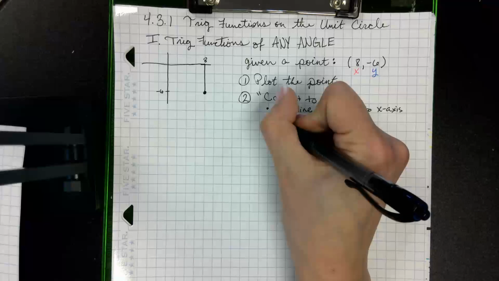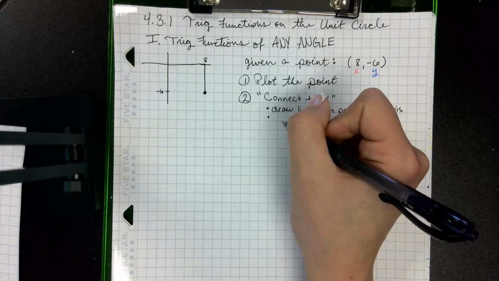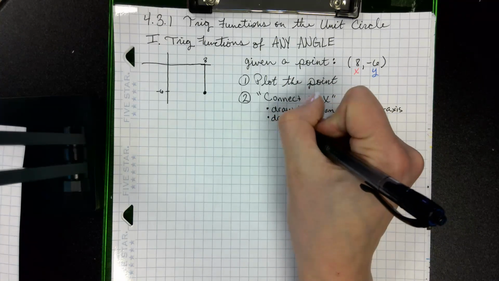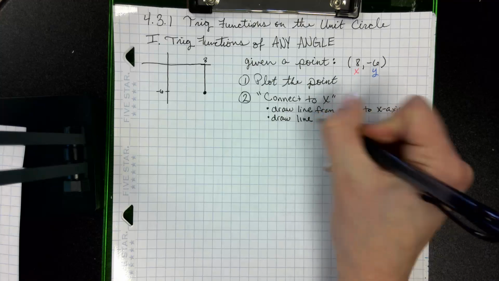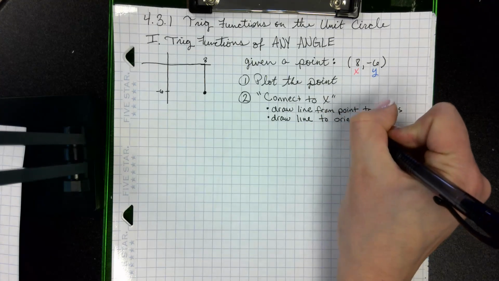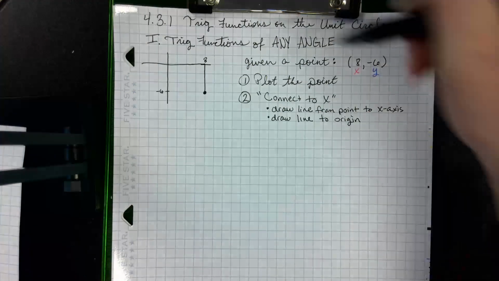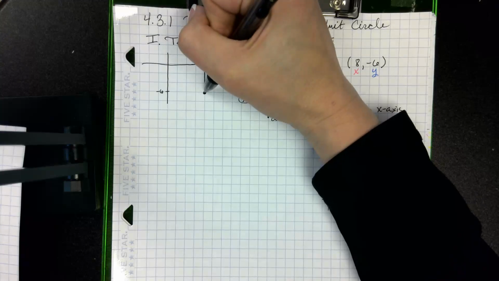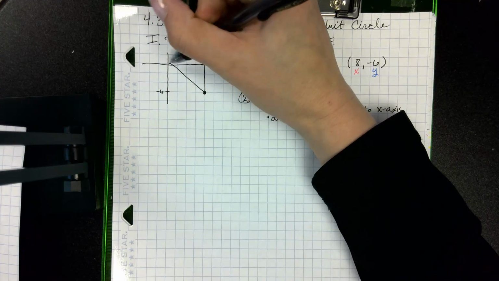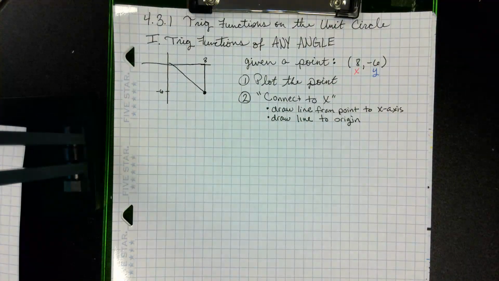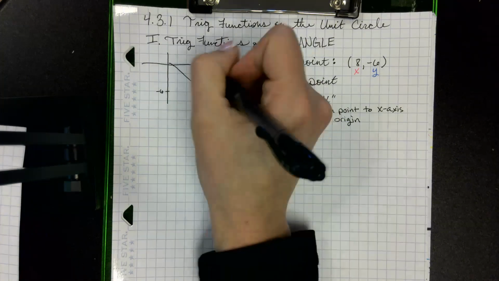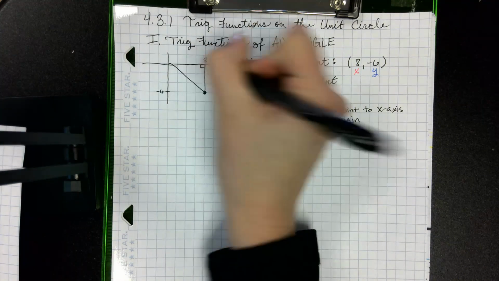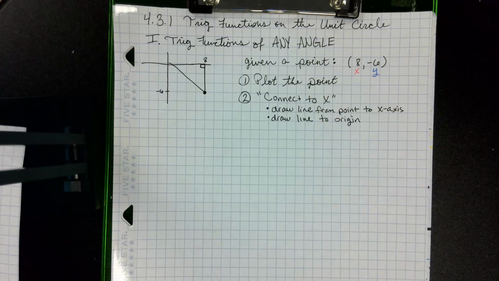And then you need another line because we want a triangle, right? Draw a line to the origin. So we connect to x and we connect, oh, I missed it, to the origin over there. Pretend like that goes to the origin. Your right angle is always going to be touching the x-axis.